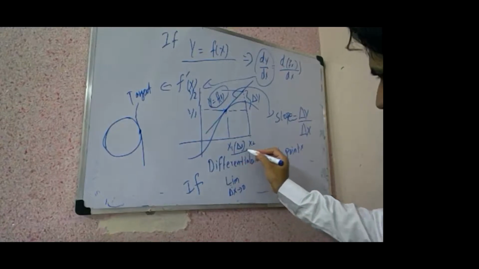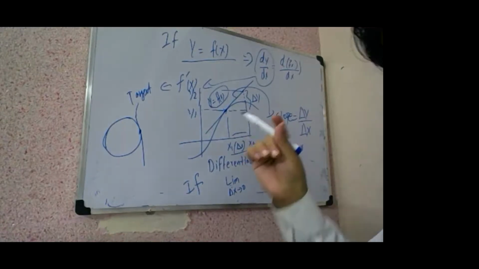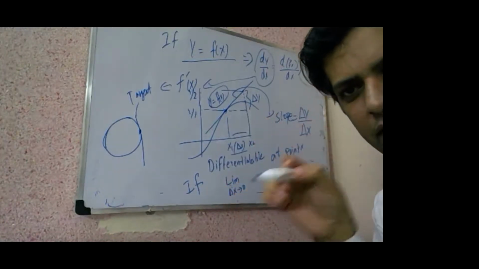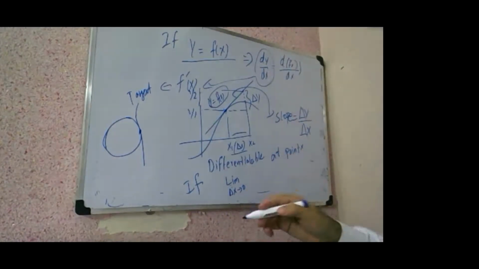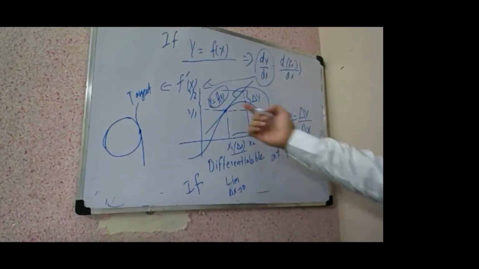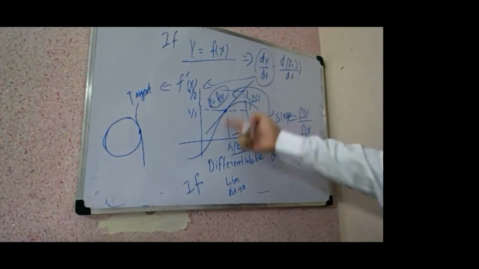If this difference tends to 0, it goes towards 0, which means this function will tend to f of x, right?